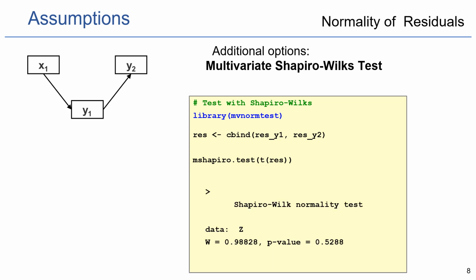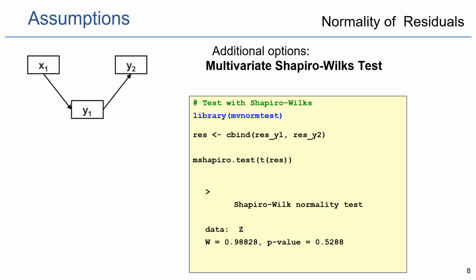And here you can see the output of this test, and you might be already familiar with using the Shapiro-Wilk test for the univariate normality. So this is the same principle behind the test, but instead of using one variable here, it uses multiple variables. In our case, these are case-wise residuals.